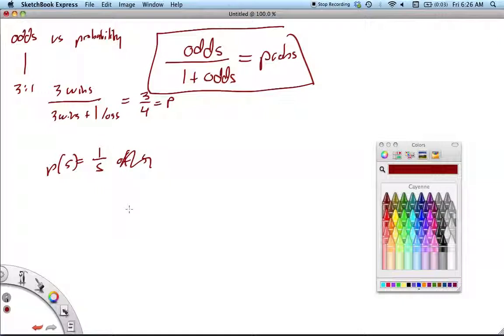Okay, so how would you turn that into odds? Well, we use this equation. Odds over 1 plus odds is equal to 1/5. So 1/5 plus odds over 5 is equal to odds.